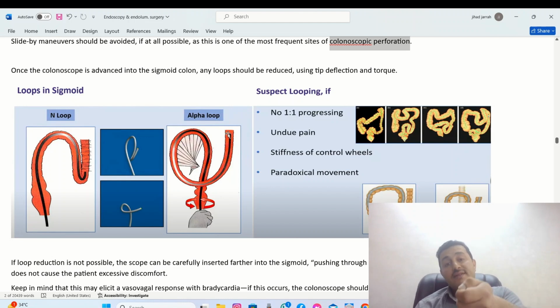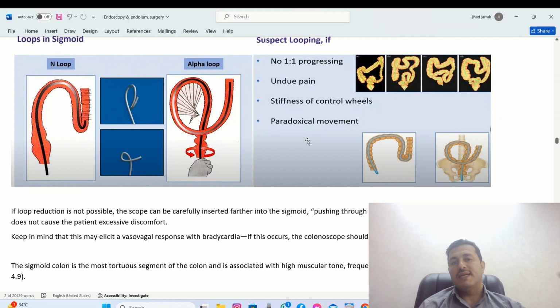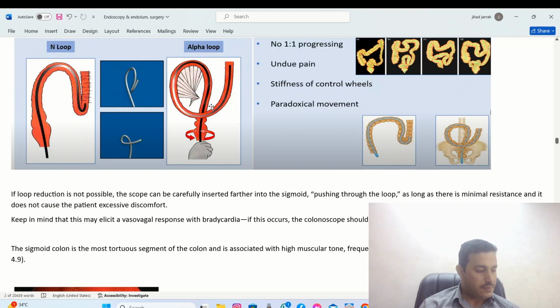If I am inserting my colonoscope but the tip is not moving by the distance that I push in, called one-to-one progression, or I have discomfort or stiffness of the wheel when moving the tip right, left, up, down, or when there is paradoxical movement of the scope, we can suspect the N loop and the alpha loop.